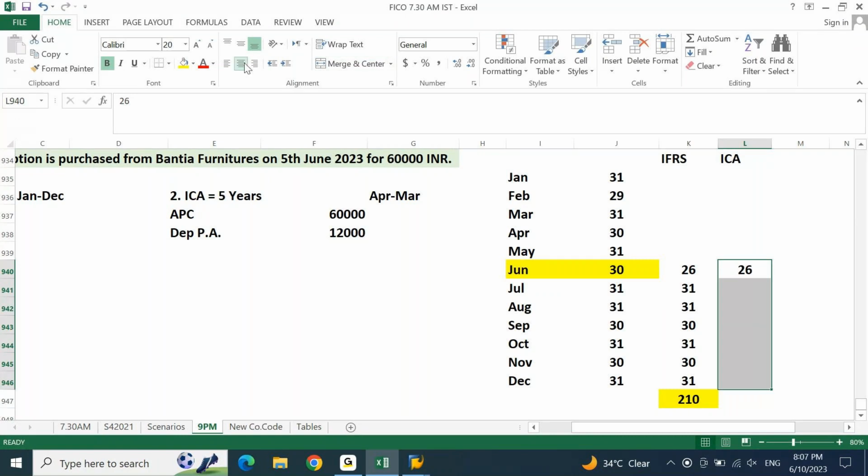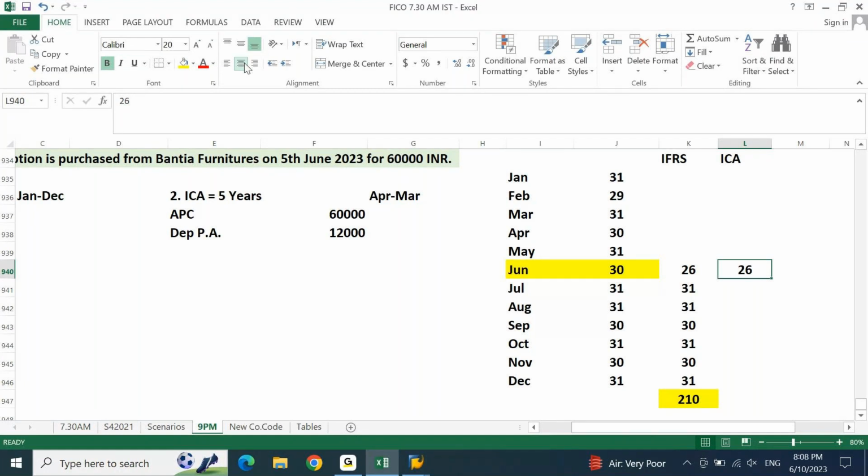In June month, either if you take IFRS or you take Indian Companies Act, number of days that you used in June month is 26. Any doubt with this 26 days? Because date of purchase will not be different or will not get changed according to Companies Act or according to IFRS. Because in both the scenarios, you are going to take 5th June as your purchase date.